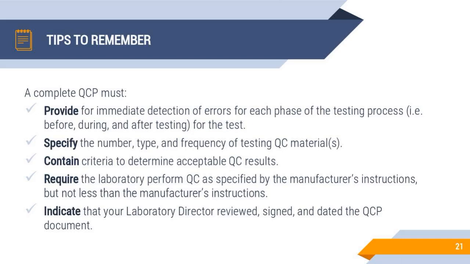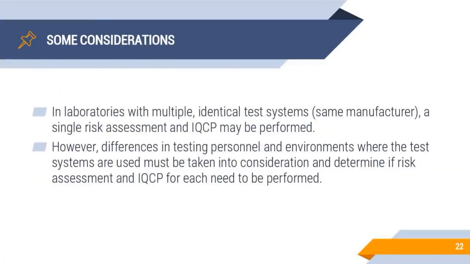We have to follow the manufacturer's instructions. Indicate that your lab director reviewed, signed, and dated the QC plan. This is very important because this plan is crucial to your results and to your patient safety or patient management.